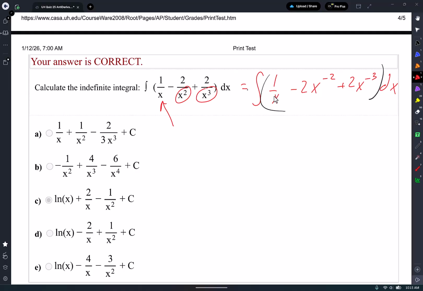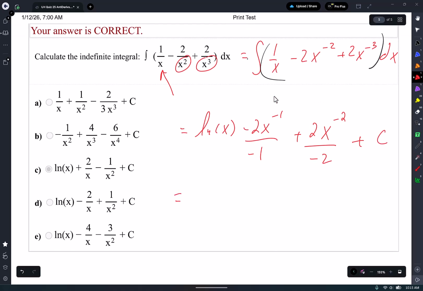Y'all ready? Antiderivative of 1 over x. What's that? ln of x. And then what do I do with that negative 2? So I'm going to write minus 2x to the negative 1 divided by negative 1, plus 2x to the, no, not negative 4, negative 2 divided by negative 2, plus c.